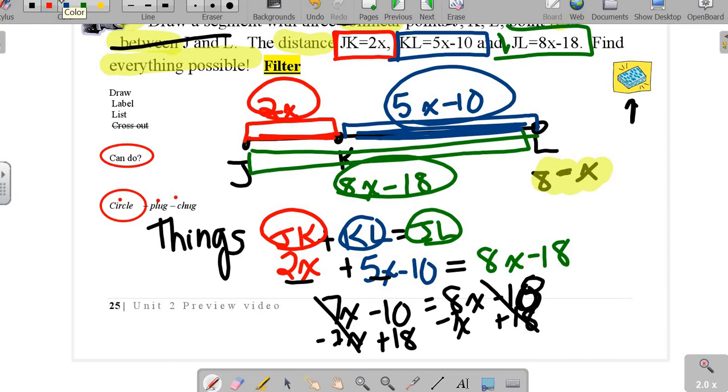I say find everything possible. So we're going to go on and find the distance J to K, which is 2 times 8.